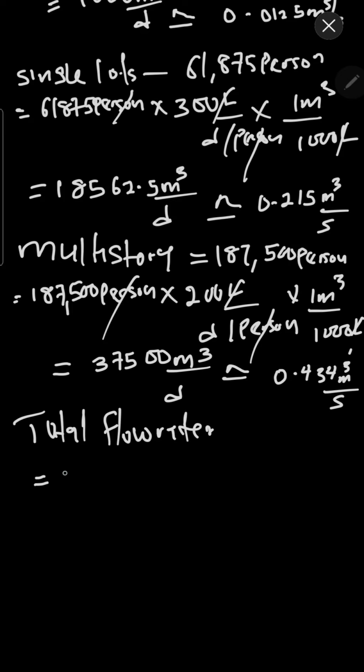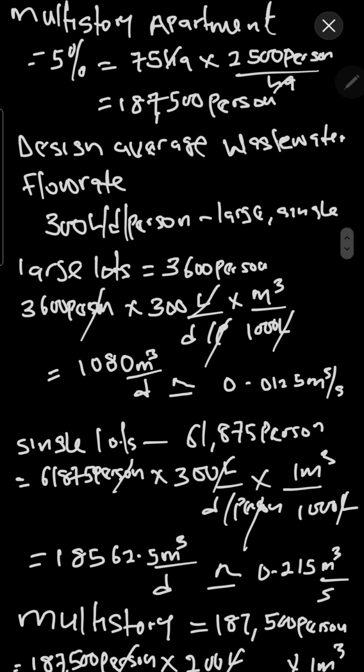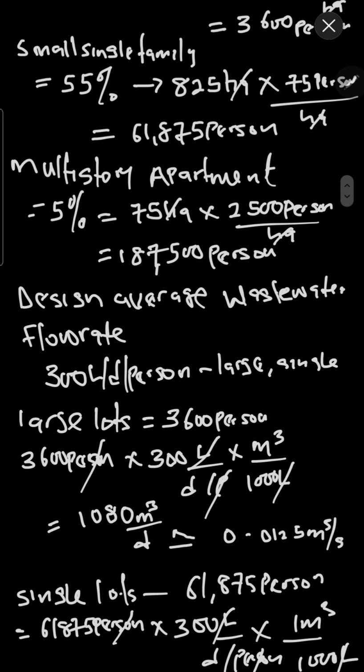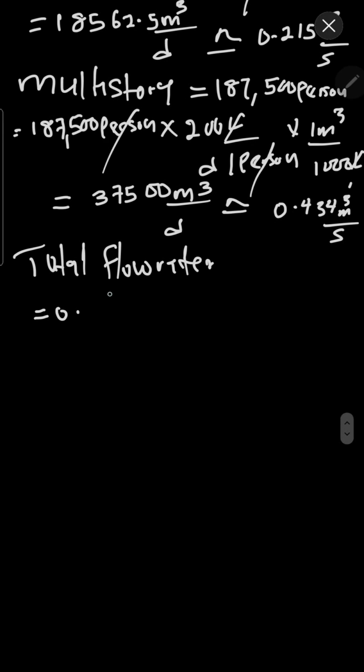So for residential, the total flow will equal the first flow, 0.0125, plus 0.215, plus the last flow, which is 0.434.